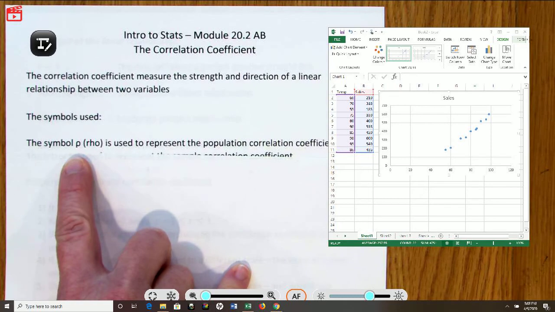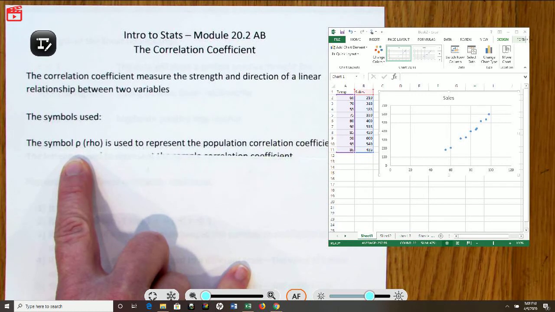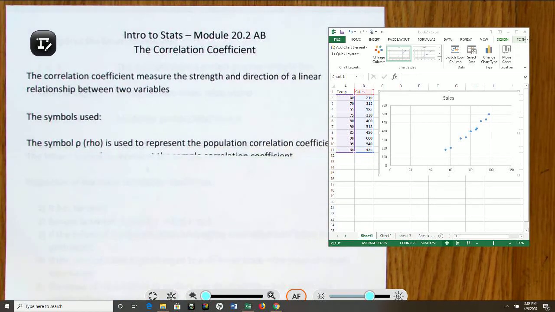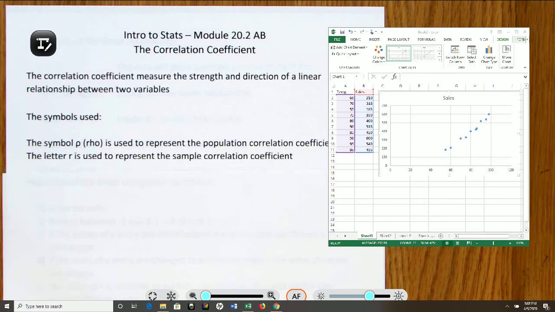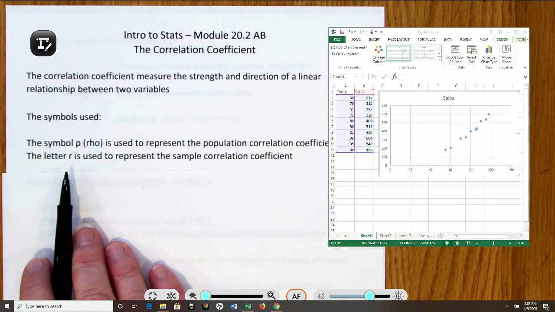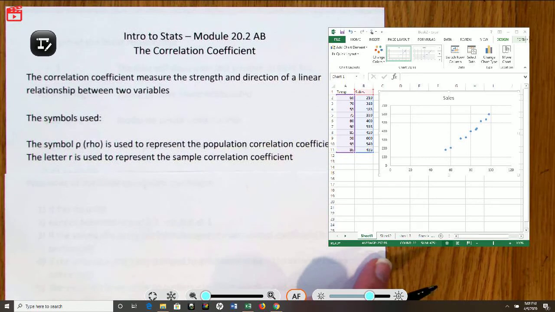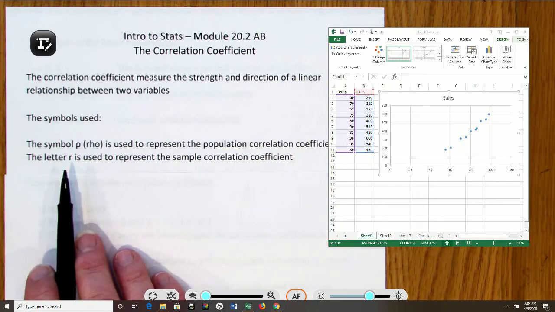It kind of looks like a P, but it's like the Greek R. So we've used mu for our mean, sigma for our standard deviation. Now we're going to be using rho for this population correlation coefficient. If we're doing a sample, we've always used letters. And the letter we're going to use for our sample correlation coefficient is the letter R.